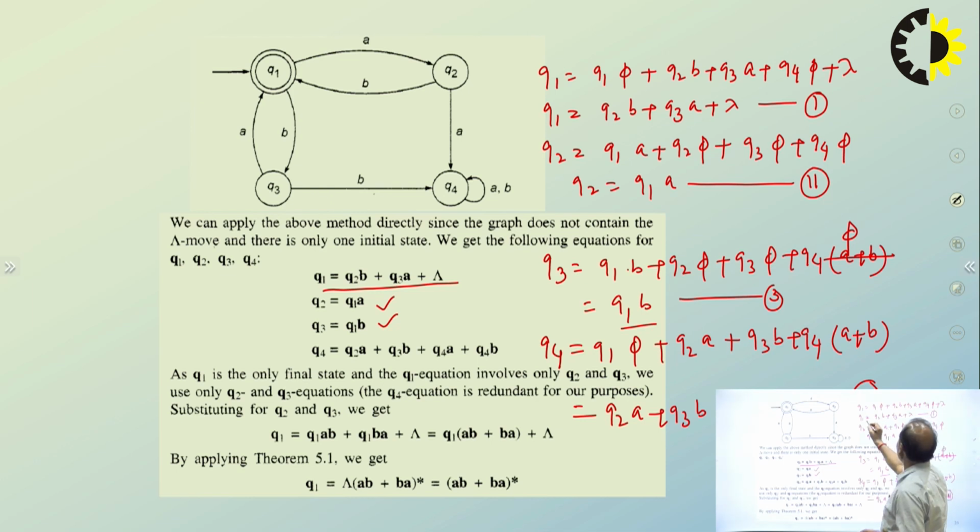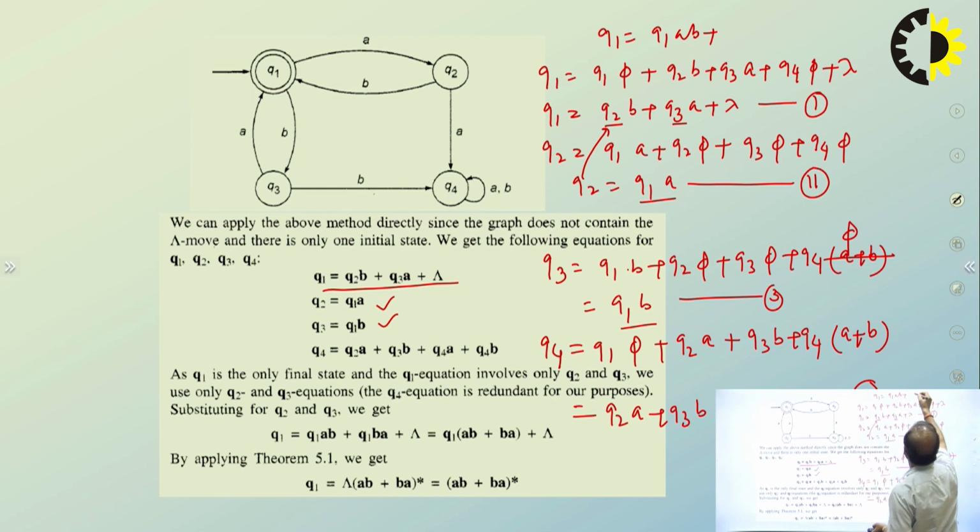In order to solve Q1, you have to get Q2 and you have to get Q3, right? Q2 is Q1A. So you can replace this Q2 here to get Q1 equal to Q1AB.